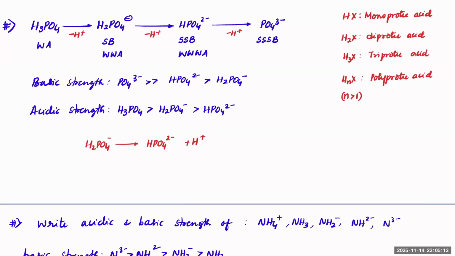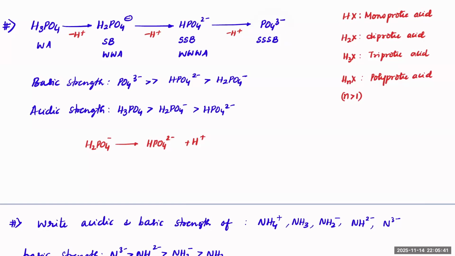Similarly, imagine losing one more H plus out of it. This strong base refers to that as a very weak acid. Now, such a weak acid, if it further loses H plus, what should happen to the base? It should become an extremely strong base. So phosphate is a very strong base, everybody. PO4 3 minus can be used as a very strong base.